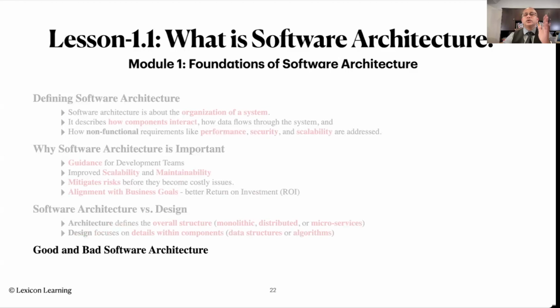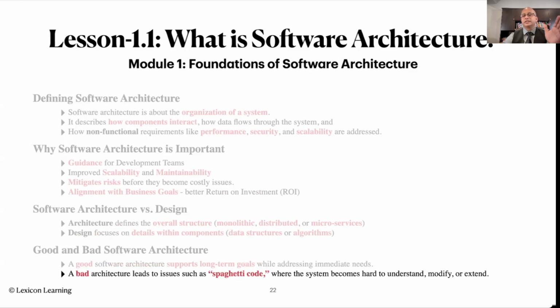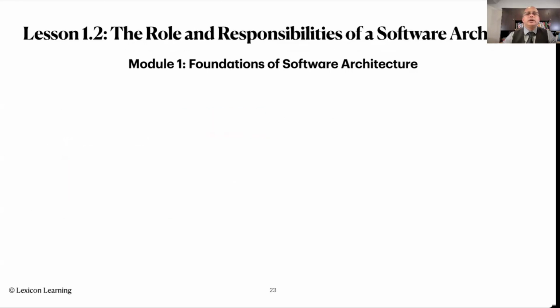About what is good and bad software architecture. A good architecture supports long-term goals, and a bad architecture produces spaghetti code, hard to manage, hard to modify. And role and responsibilities of software architect.